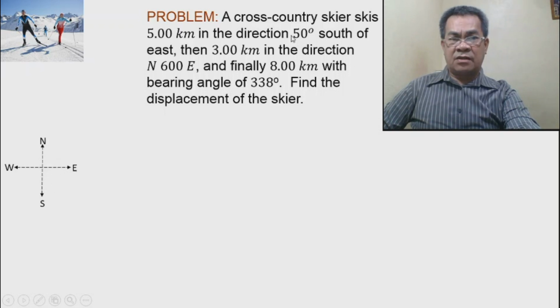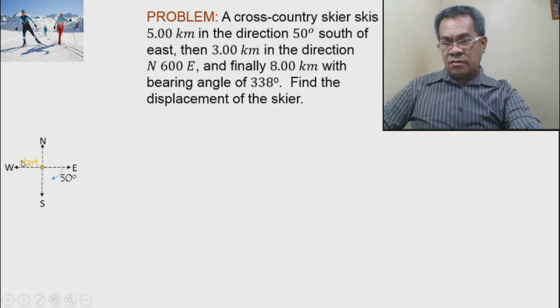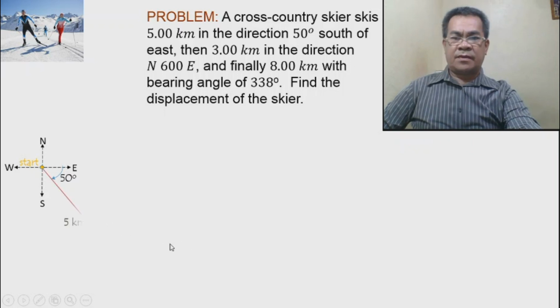So this angle must be 50 degrees coming from east going to the south. This is the meaning of 50 south of east. Then connect a line from the starting point at 50 degrees and draw a line. This is 5 kilometers of travel.